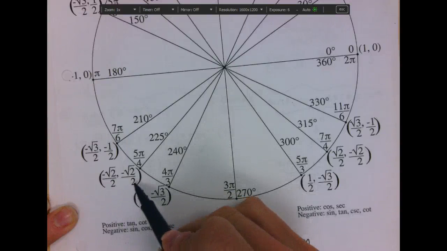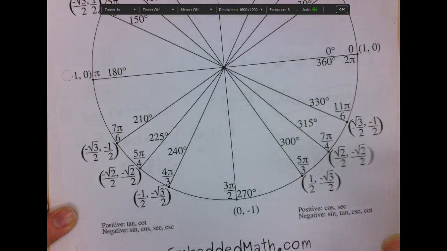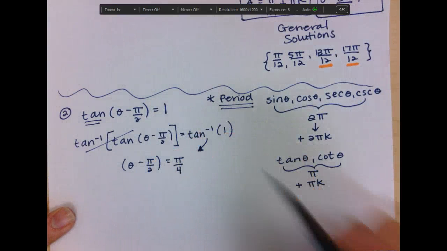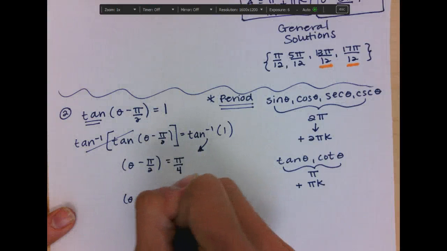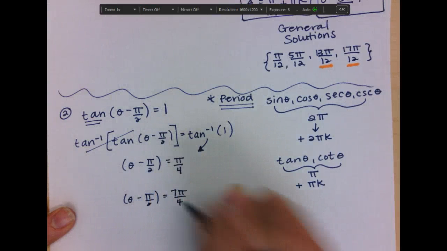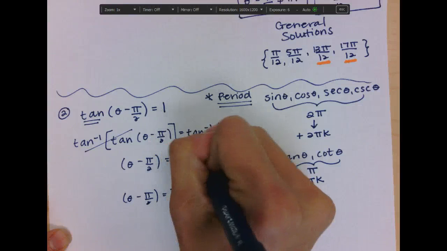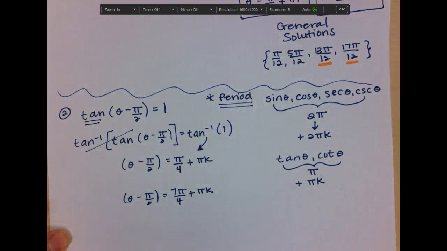When I divide these two x and y coordinates, y divided by x specifically, I get a positive 1. So I get 1 pi over 4, and then I also get 7 pi over 4. But again, we want to write the general solution, so we're going to add 1 pi k to each of those angles.